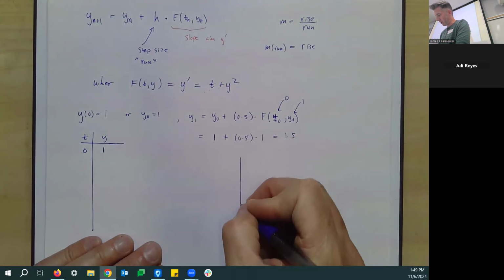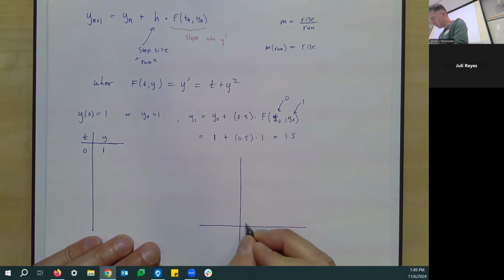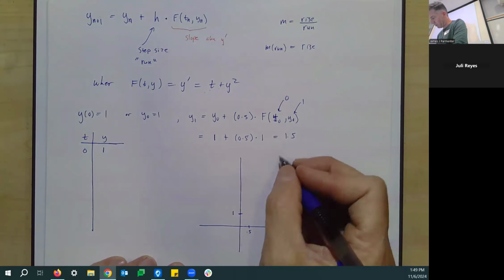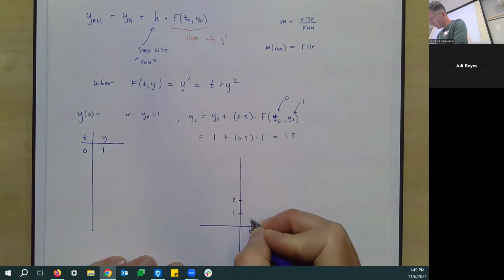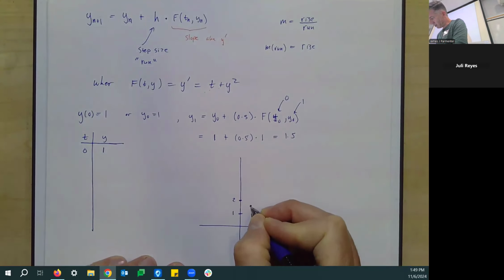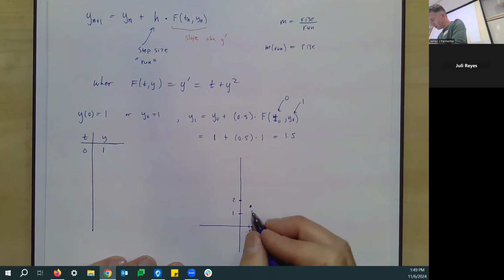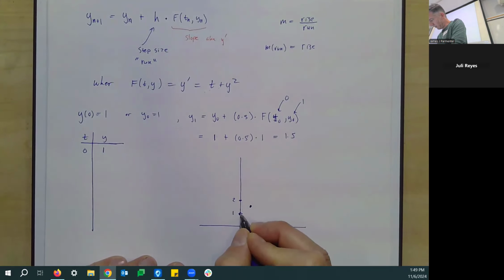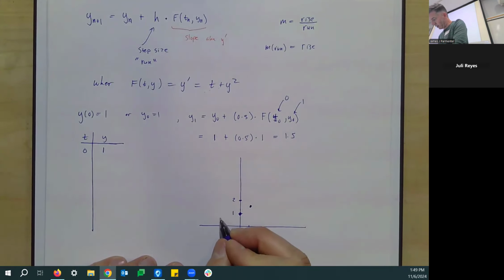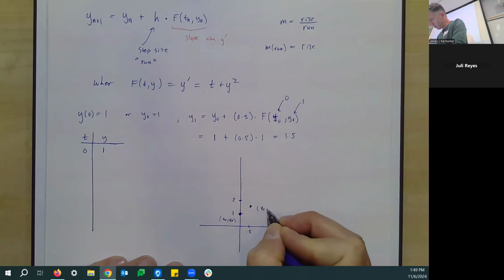Graphically, we started at 0, 1, we went over 0.5 and went up to a new value of 1.5. That first point is our t naught, y naught. This next point is our t1, y1.